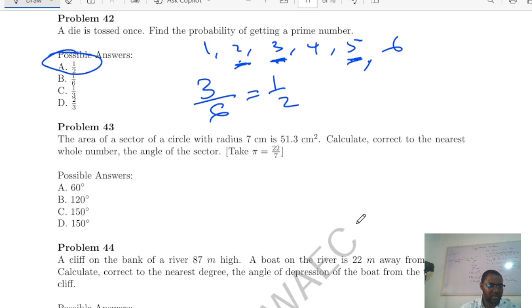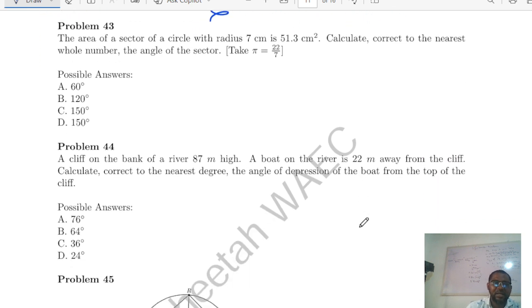Easy, right? So number 43 says, the area of a sector of a circle with radius 7 centimeter is 51.3 centimeters squared. Calculate correct to the nearest whole number the angle of the sector.